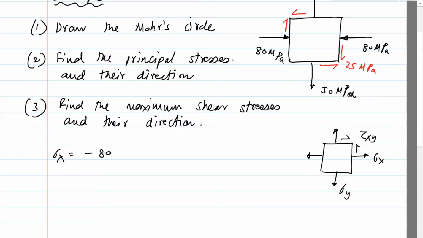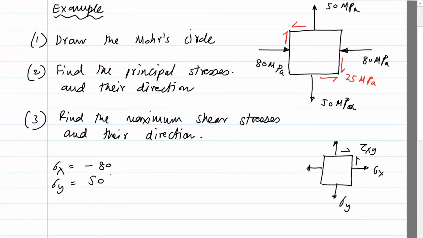A normal stress element has tension, while we have compression, the 80 MPa. And then sigma y is in the right direction, so it's 50. And then tau xy, if you see our convention is counterclockwise positive, so here we have clockwise. So I'll just put negative 25 MPa. So that's just translating what the problem has given to our language, the convention we used.